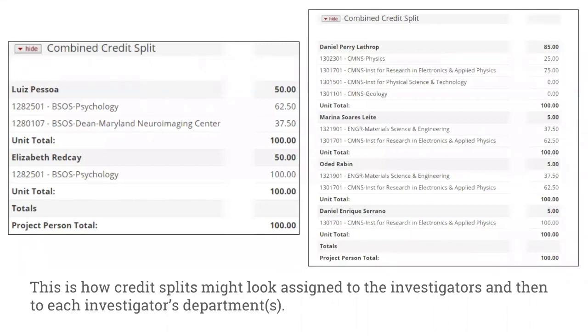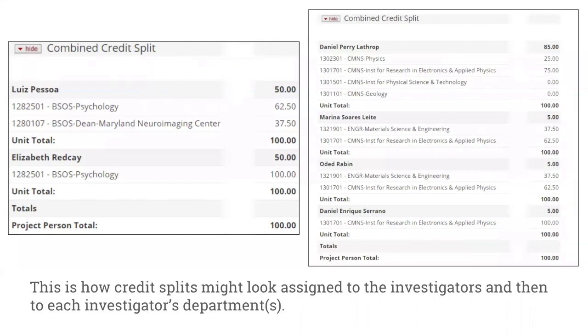I'll get into that. But if we want to see that Dr. Lathrop has this project and geology may have something to do with it as a unit that he is involved with, geology has something to do with it, although they will be getting 0% credit, and therefore the returns that they will get will end up being 0%, which is okay.